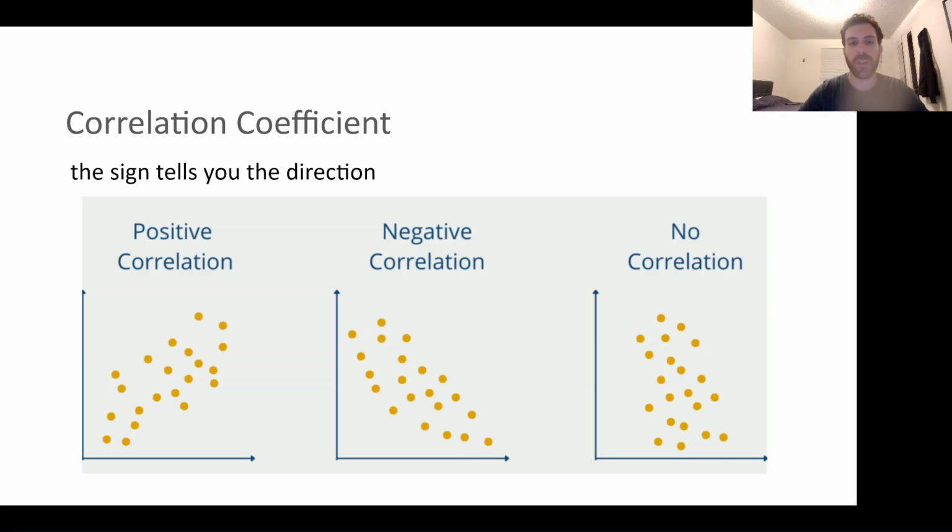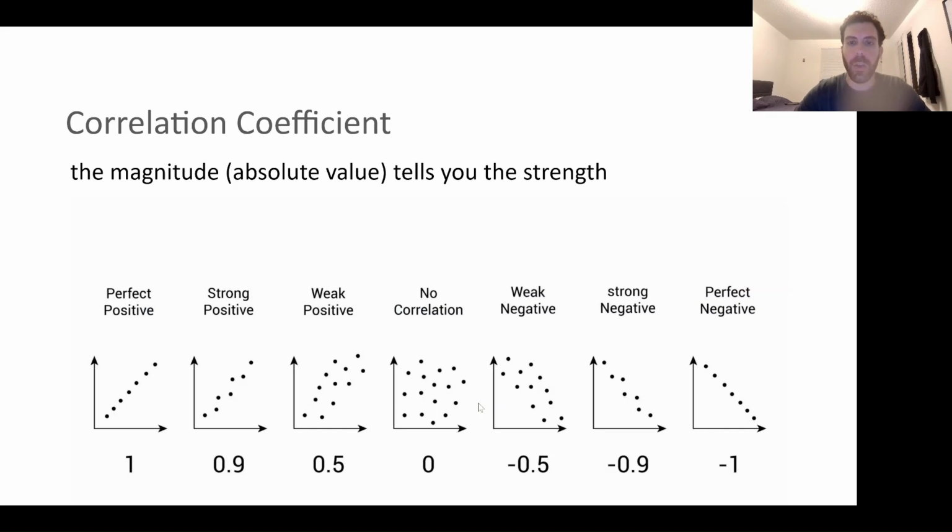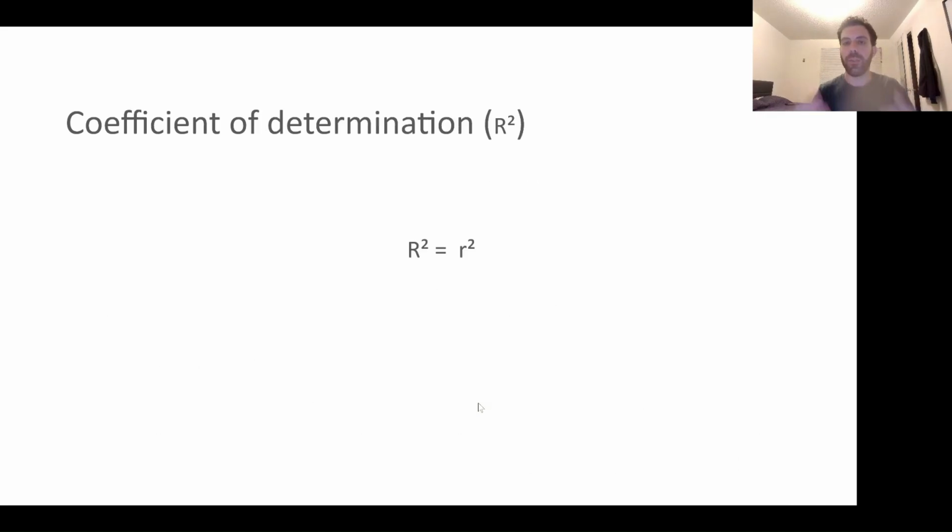With the correlation coefficient, I know that a positive value indicates this kind of relationship in a scatter plot, whereas a negative value indicates this relationship. When I square it, I lose that information, but I get another measure of how closely associated those variables are.